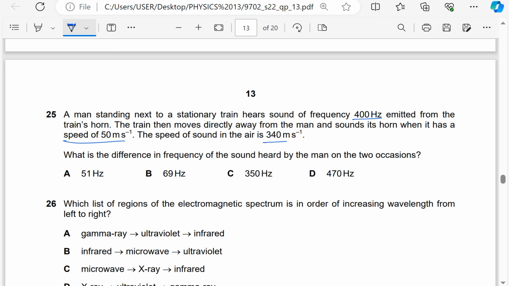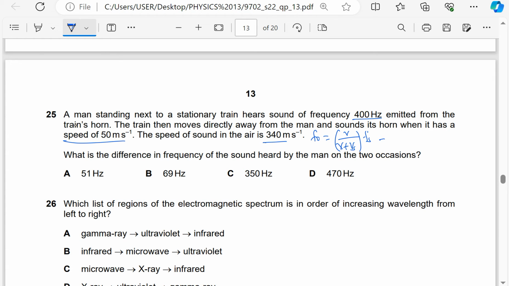Okay, so if it is moving towards, the observed frequency is going to be V over V. Because the train then moves directly away, it is plus. The observed frequency is going to be lower than Fs. So what is the difference in the frequency of the sound heard by the man on the two occasions?